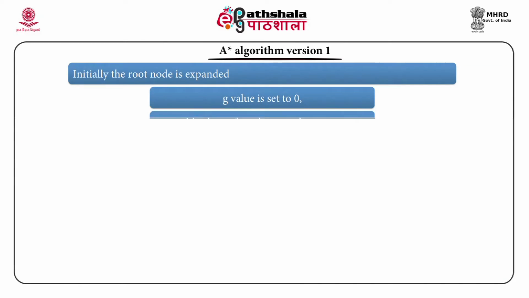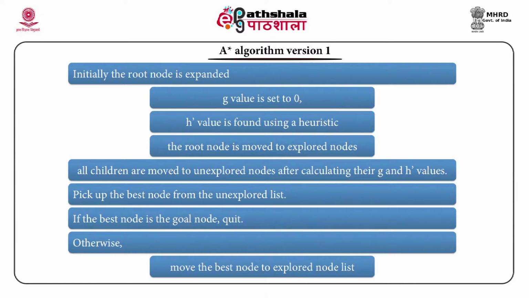The first version of the algorithm is depicted next. Initially, the root node is expanded, the G value is set to 0, and the S dash value is found using a heuristic value. That depends on the problem. We are not discussing any problem right now. If you pick up a typical problem, you can get a typical heuristic, and you may use that heuristic for calculating the S dash value.